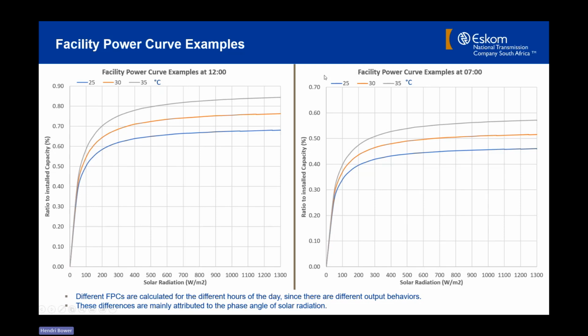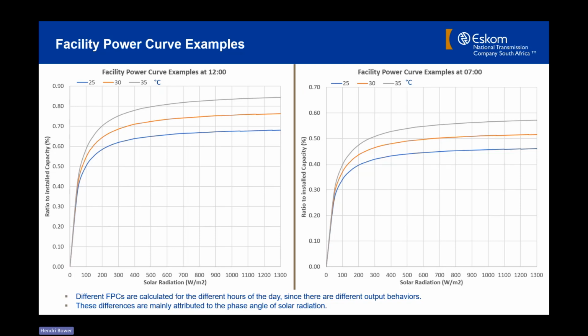Now, if we use the exact same temperatures, looking at the right-hand graph, 25, 30, and 35 degrees again, but at 7 o'clock in the morning, you will notice that, again, as your solar radiation increases, 25 degrees is the lowest, 30 degrees is in the middle, and 35 is higher. Obviously, there are a number of different temperature ranges, lower than 25 and higher than 35. I'm just using this for illustrative purposes.